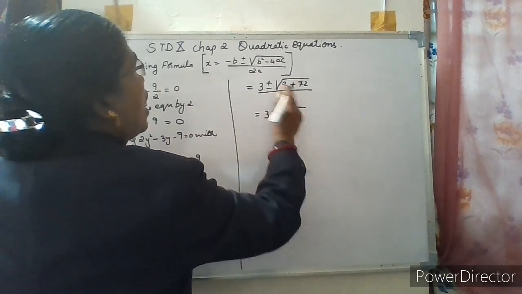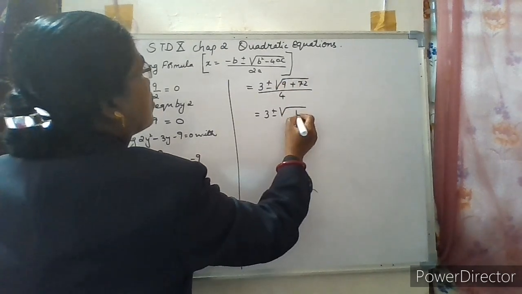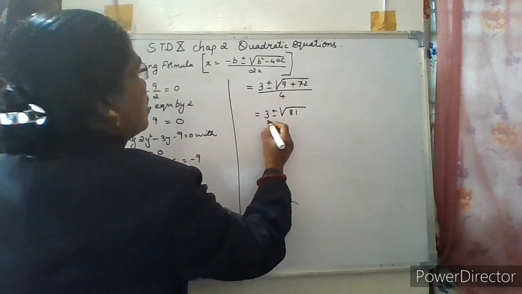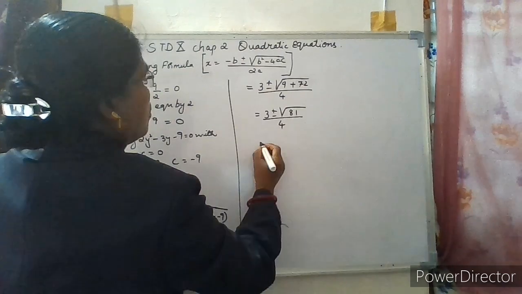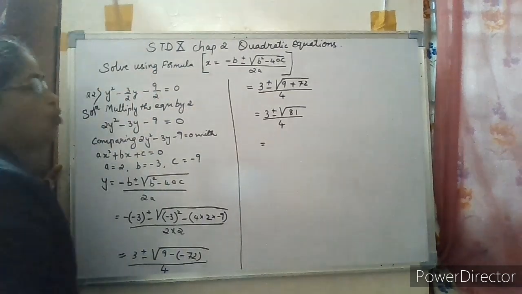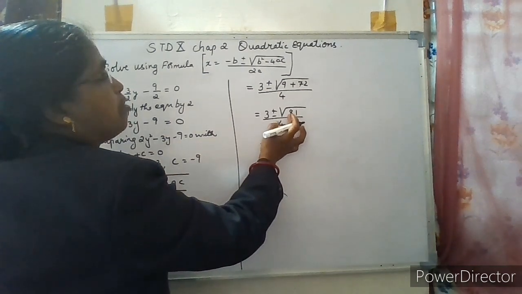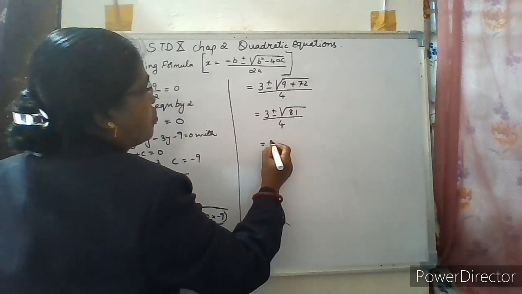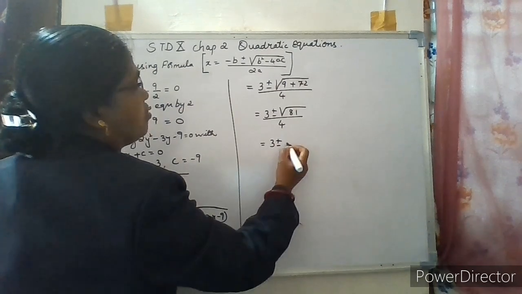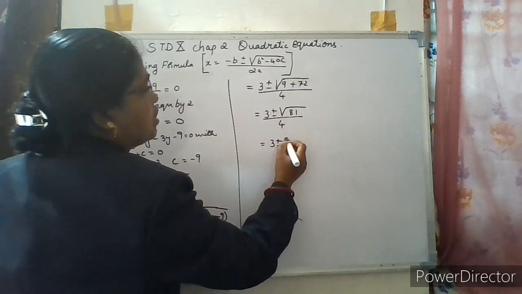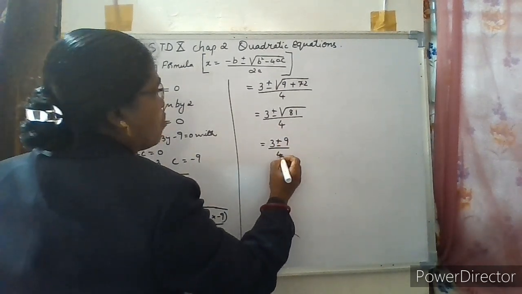Now add this, 81 upon 4. Now look at this 81. It is a perfect square number.